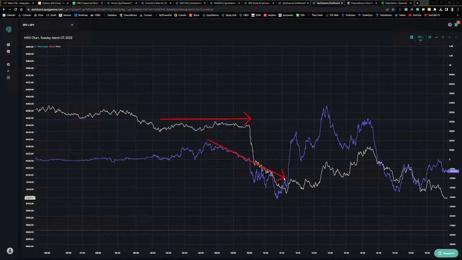So this was a leading indicator of the way traders were leaning going into that data. And then price dropped again as soon as Powell started speaking.